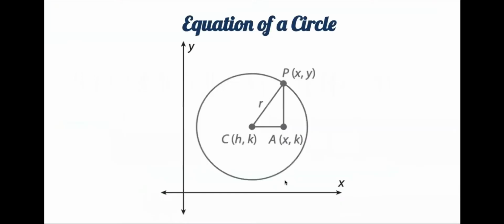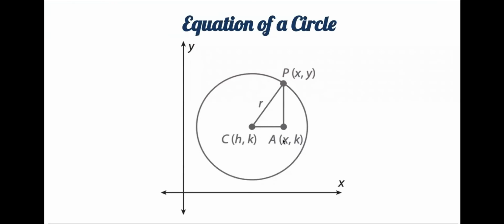All right, so here is the equation where we got every piece from it. If you remember, we have a circle. The center is going to be represented by our point C, which has the coordinates h and k. The point that falls on the circle is our point P, which has the coordinates x and y. And A is an arbitrary point that has the coordinates x and k.